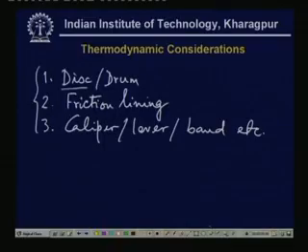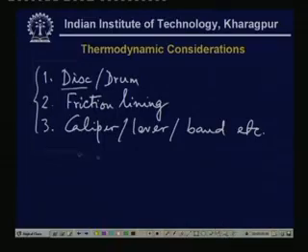Of course, it is expected that the friction force will dissipate the energy in the form of heat. So, it is the friction material which is to be considered and which gets affected most by the heat generation. Now, the procedure for thermodynamic analysis is something like this.